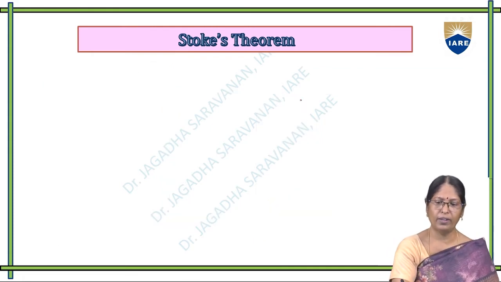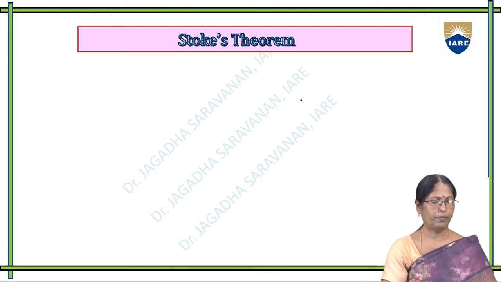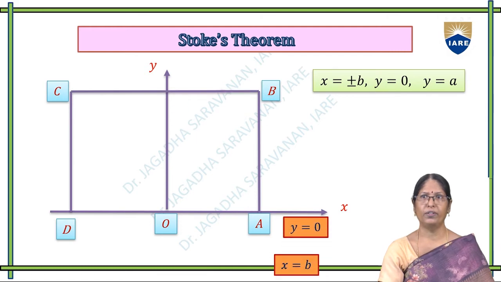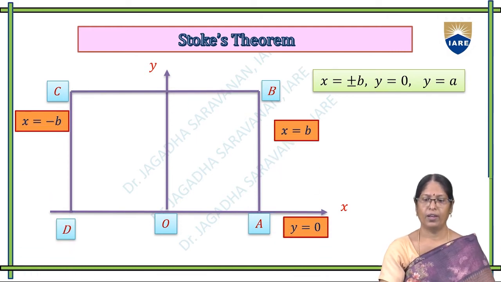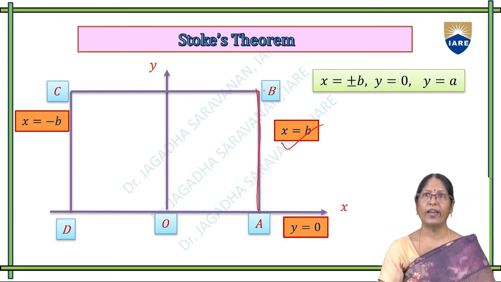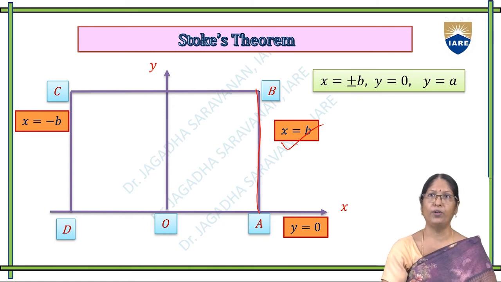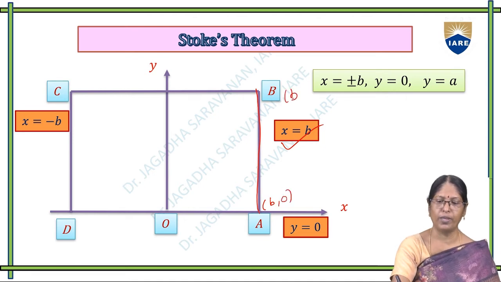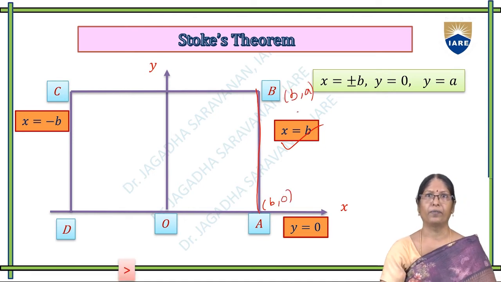Now, here you can see the points. So DA, CD, closed, y equal to 0, and x equal to B, because if it moves in the y direction, what about the x value? x equal to B. We can see it here. This is B comma 0. This is B comma A.